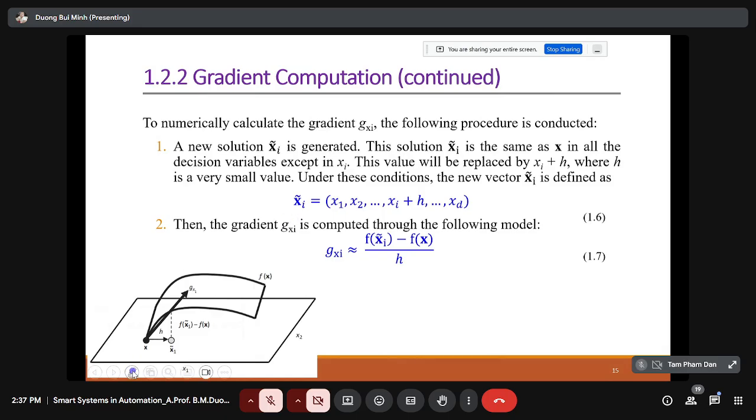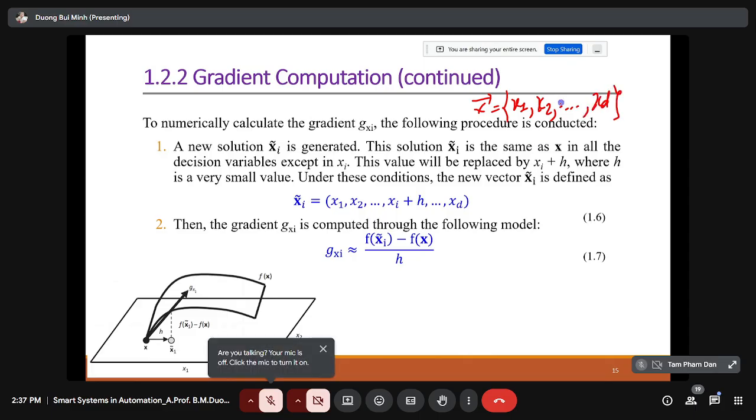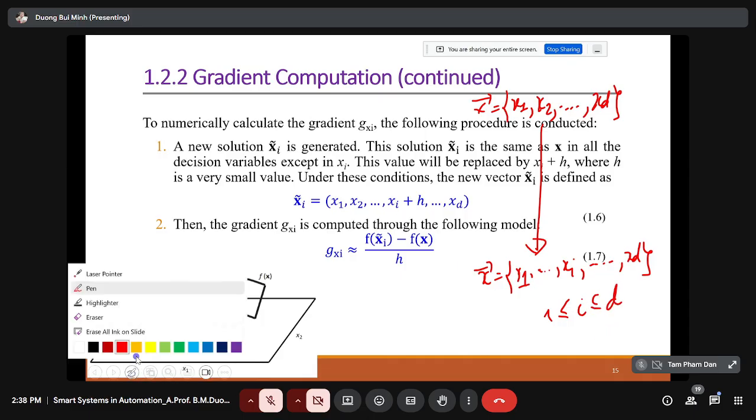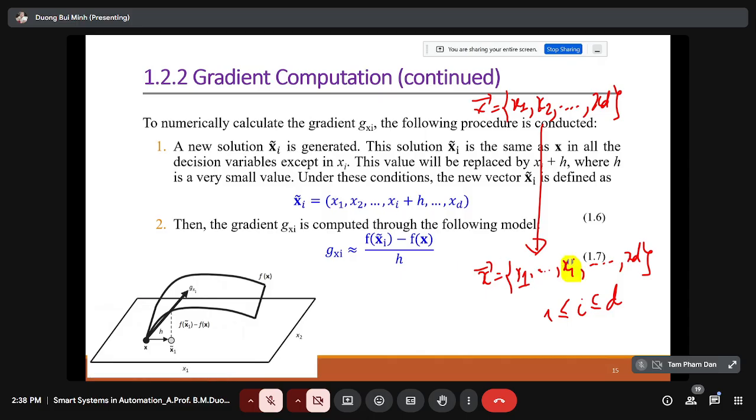For example, we have x equals x1, x2, and so on to xd. In more detail, x is x1, and so on to xi, and then on to xd, where i is greater than or equal to 1 and less than or equal to d. So I would like to update xi to become xi plus delta x. At the beginning we have xi.